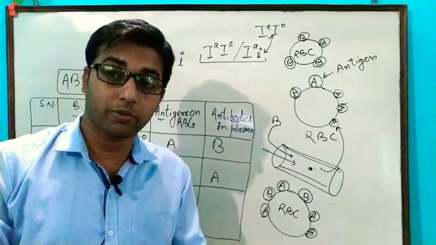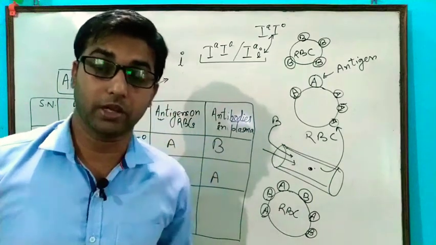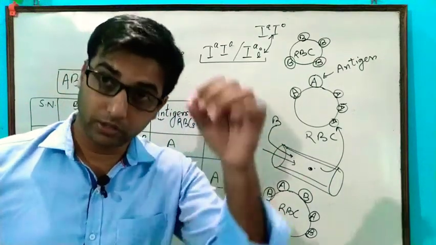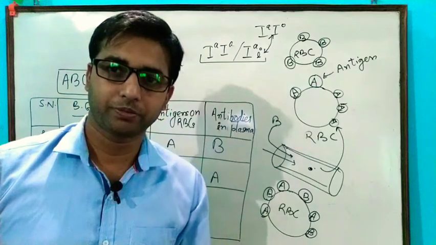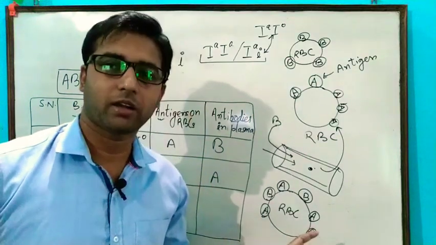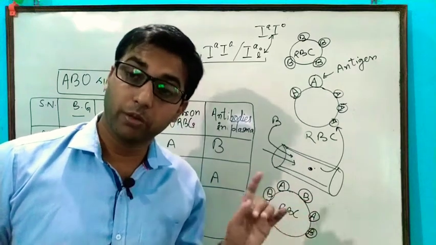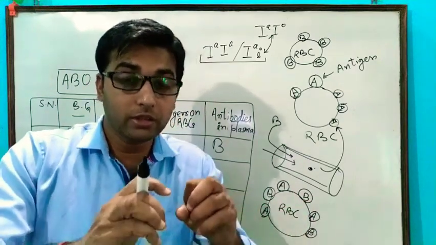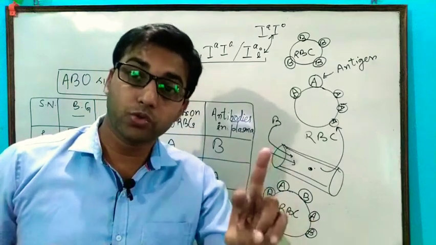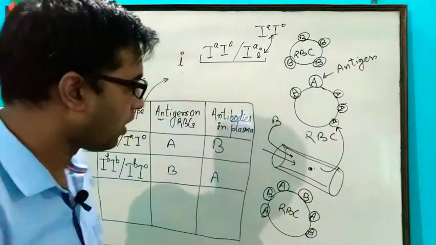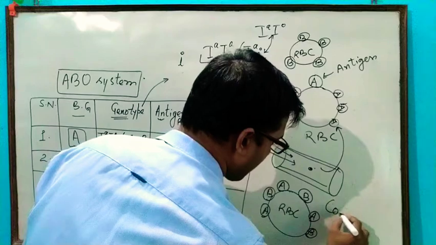Both antigens are present on the same RBC, that is, in the same blood, and both are equally expressive, meaning both are dominant in such a manner that both show their effect, and this is called codominance.